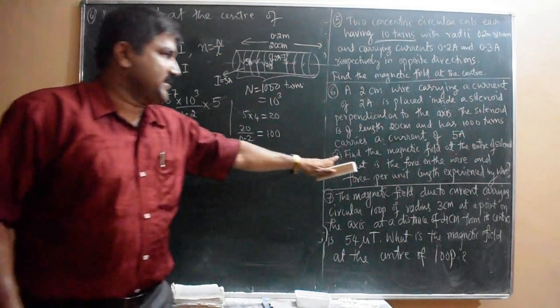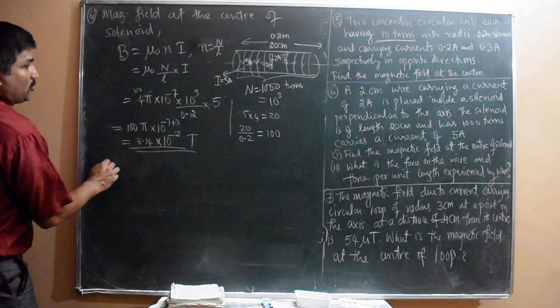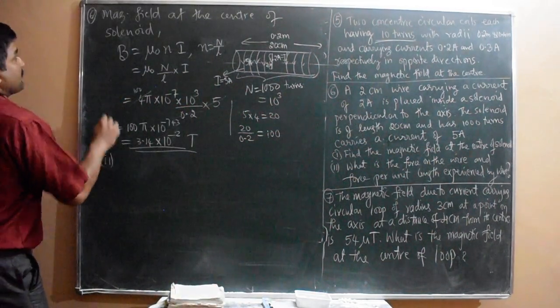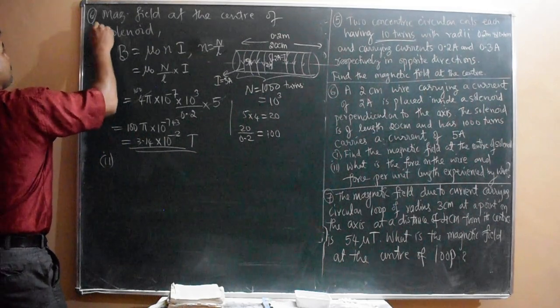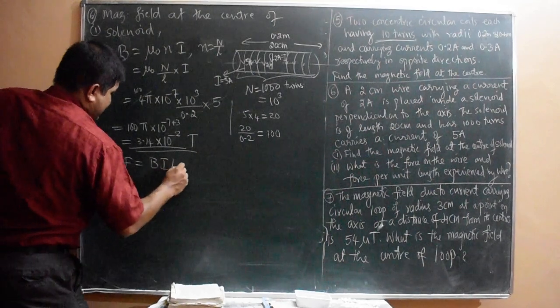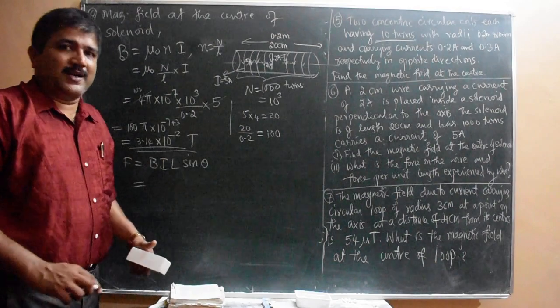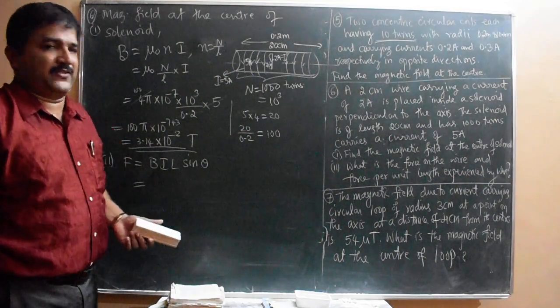And the second calculation is the force on the wire and the force per unit length. We have to calculate two numbers. This was the first part of the question. For the second part, the force is BIL sin theta, the force experienced by any wire or conductor placed in a magnetic field.